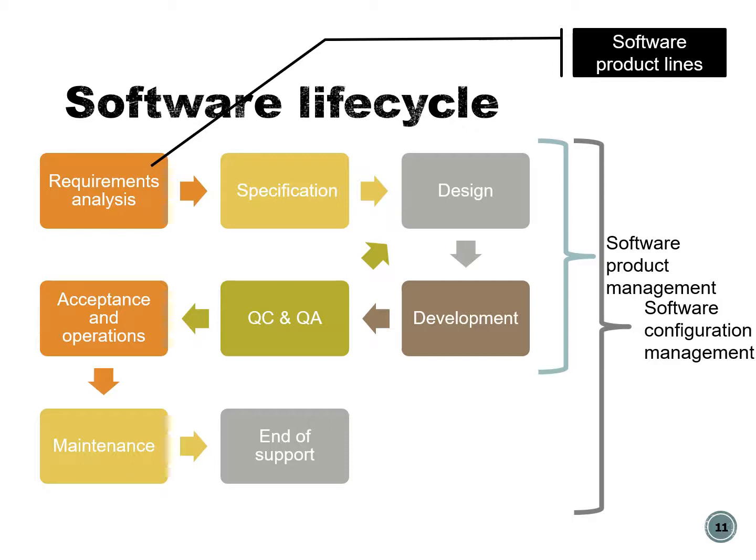So basically, it creates a completely new product based on existing things that we already had. That's why the product line refers to the requirements analysis, whereas the other things refer to the software lifecycle in its entirety, or only from requirements analysis to acceptance and operations.